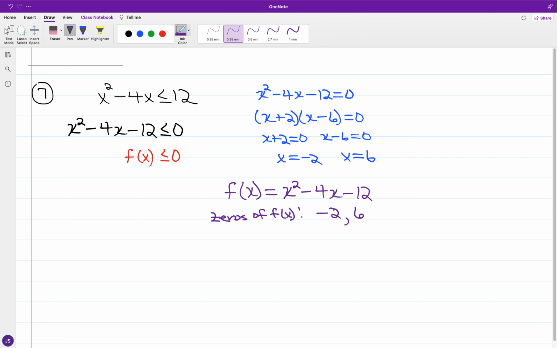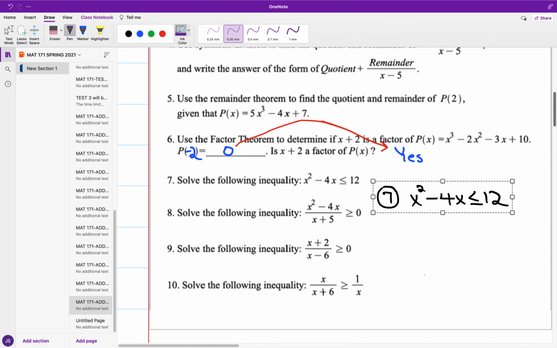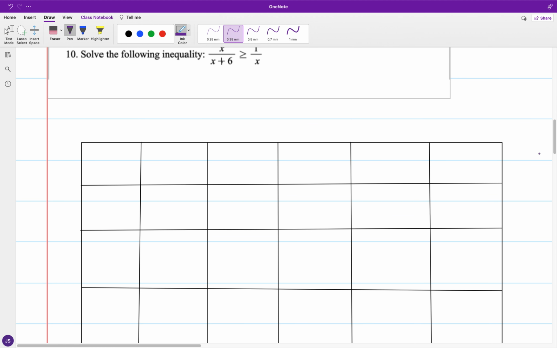And looking at setting up a table of intervals, let's go ahead and copy this table.